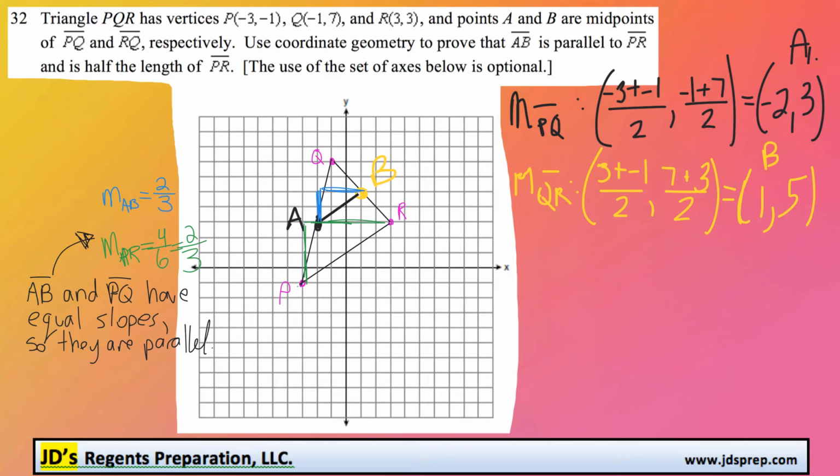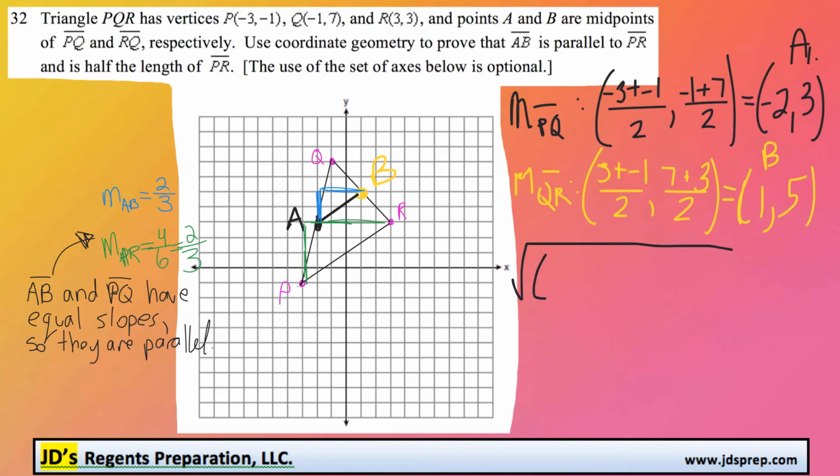All right, now there is one last thing we need to do to finish this question. We need to prove that AB is half the length of PR. And so we're going to be using the distance formula to figure that out. So let's start with the distance from A to B. We're using the distance formula, which is x2 minus x1 squared.